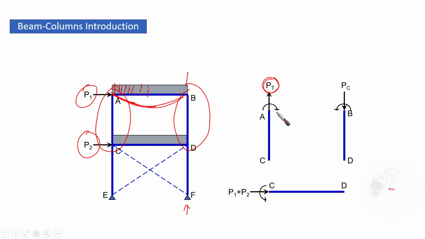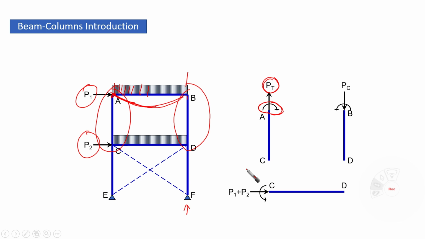At the same time, this joint, in order to have equilibrium with the beam loading, has moment transferred to the column. And this amount of moment is not small, so we cannot neglect it.